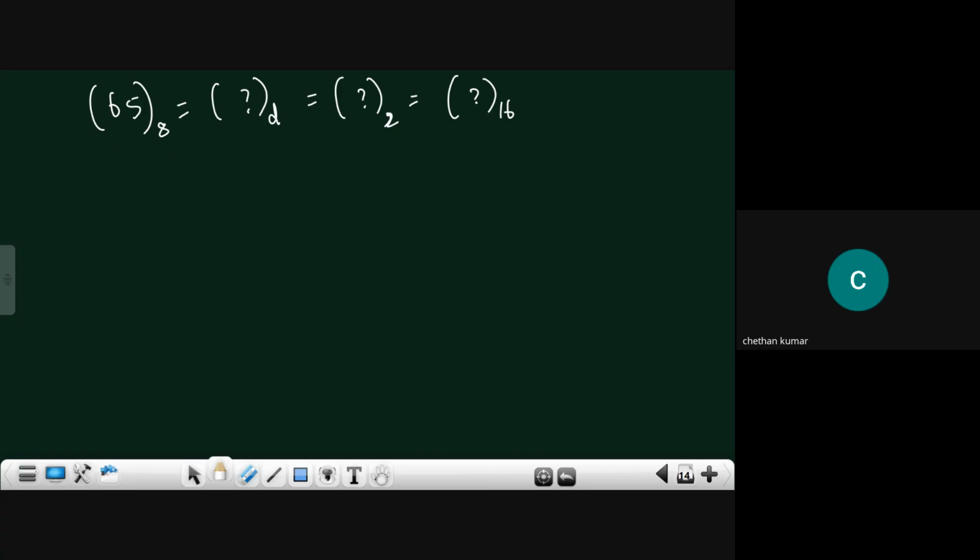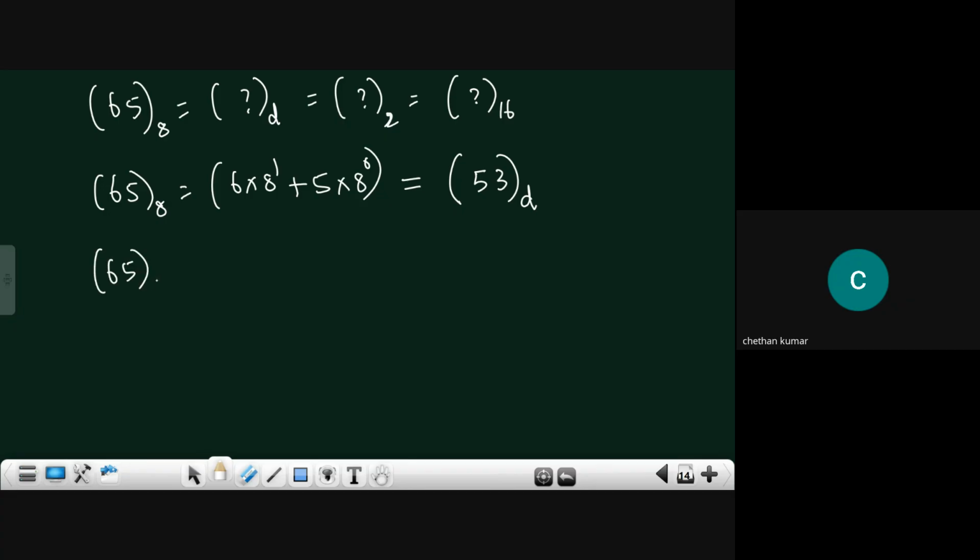Correct? Another number system to decimal means you should go for weighted power. So 65 with base 8 is 6 into 8 power 1 plus 5 into 8 power 0. What is the value? 53. 53 with base 10. Now the same number I want to convert into binary. How to convert this into binary?